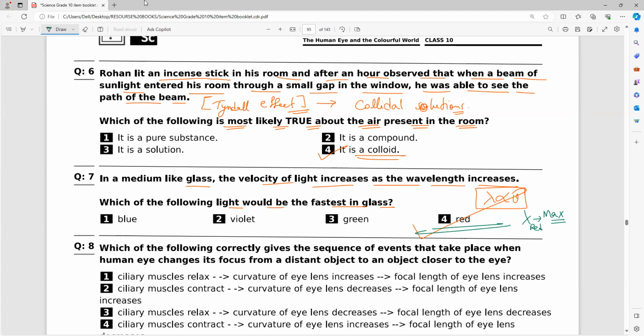Clear, everyone? I have also given the values of the wavelength from red to violet. Verify it. Every color I have given you the wavelength. You have to know that.